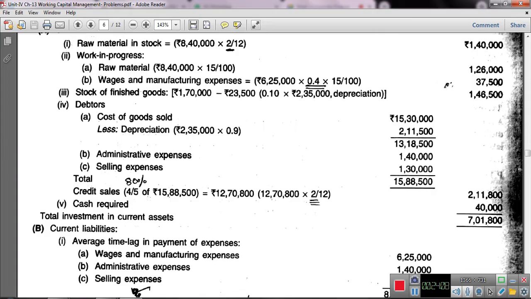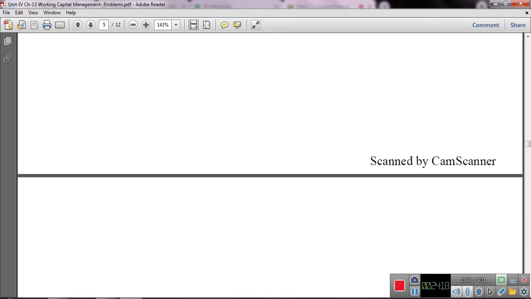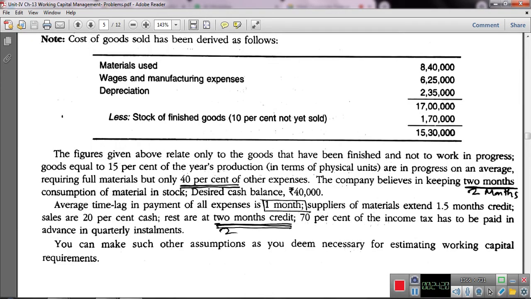Then wages and manufacturing expenses. Here you can see wages and manufacturing expenses amount to 6,25,000 rupees. But what information is given?